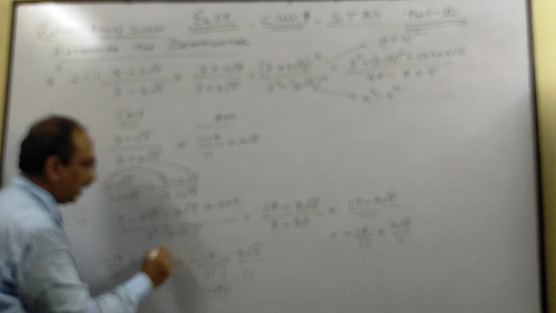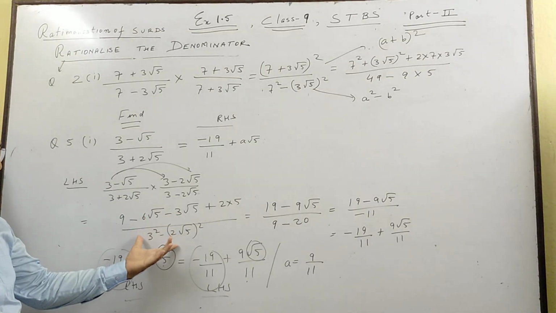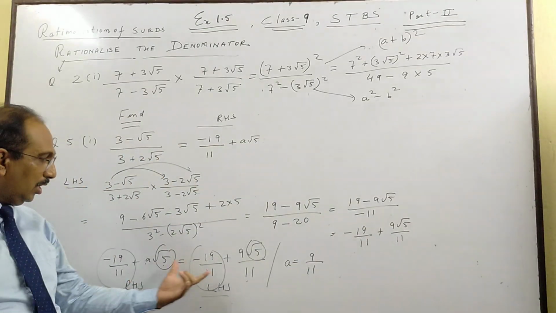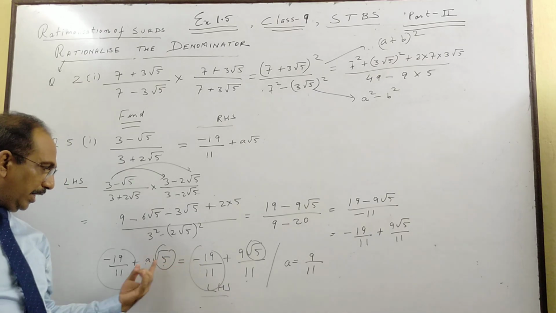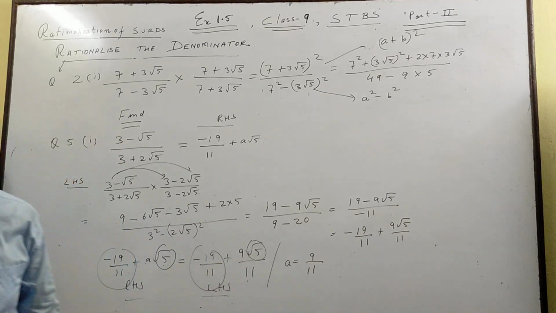Leave root 5, we get A is equal to 9 by 11. So once more, we rationalize it. We get numerator, denominator. We separate it in two ways because we have to equate it. So this is equal to this. Here, root 5, what is the coefficient? Root 5 coefficient you equate and we get this.